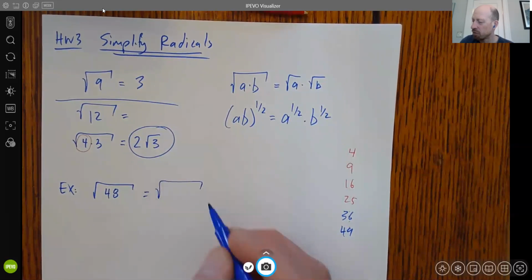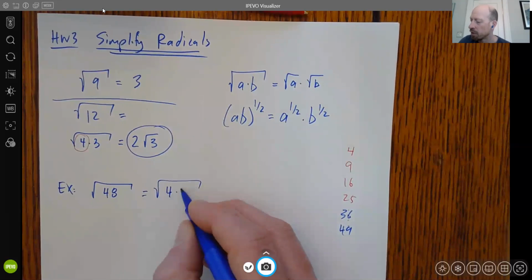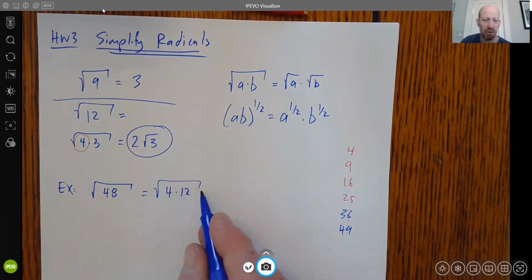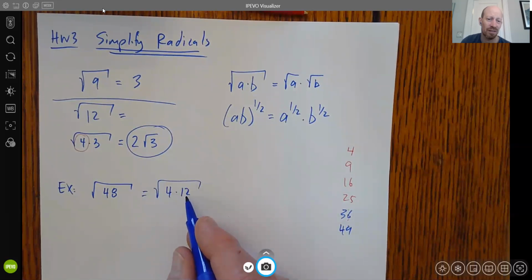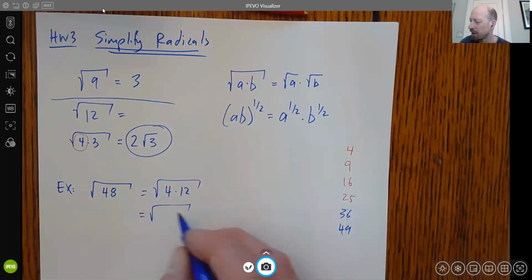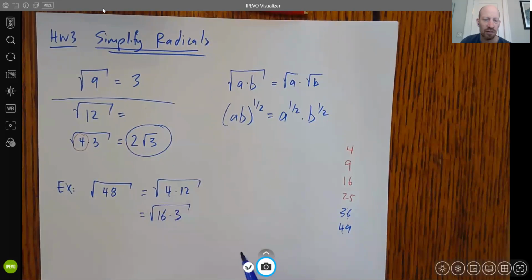And so you might look at this and say, I can see 48, that's 4 times 12. And that is a good start because 4 is a perfect square. And so this can be reduced a little bit, but there's more. You've missed another perfect square factor here in the 12. The easiest way is to recognize that 16 is also a factor, right? 48 is 3 times 16.